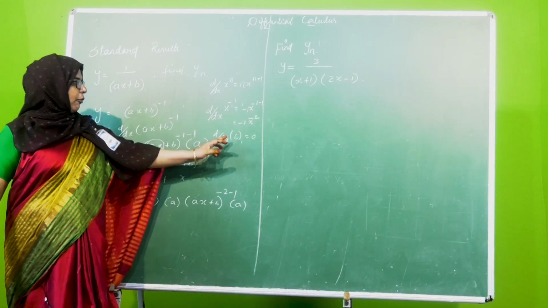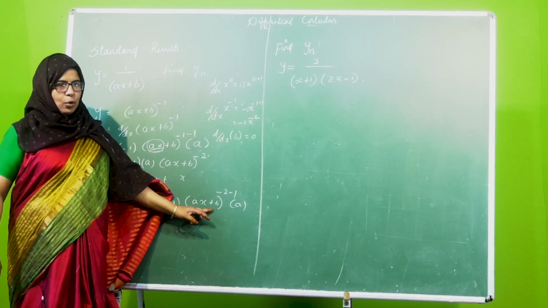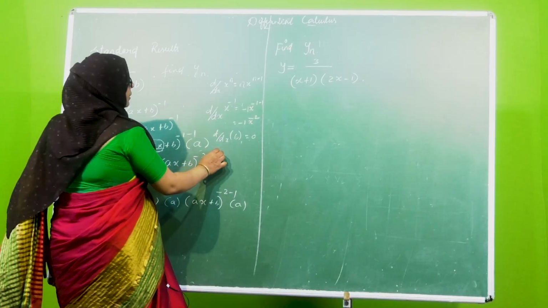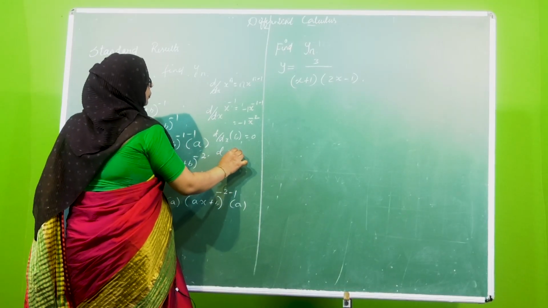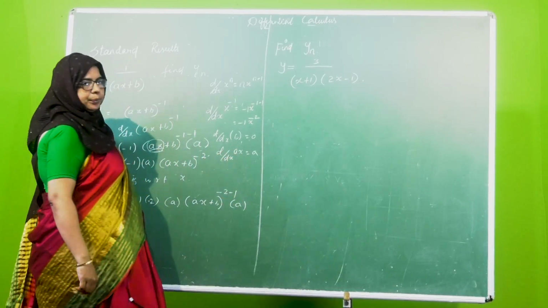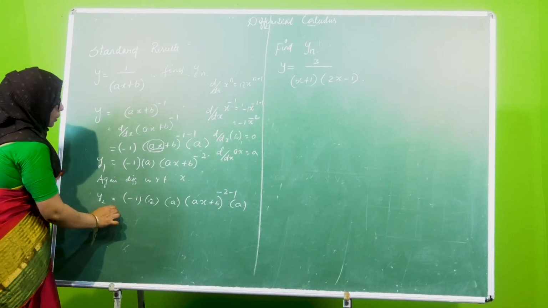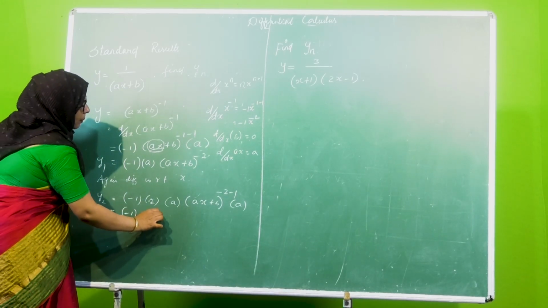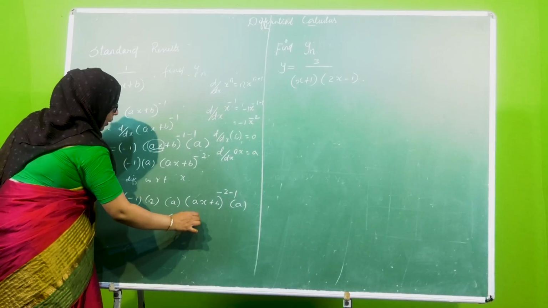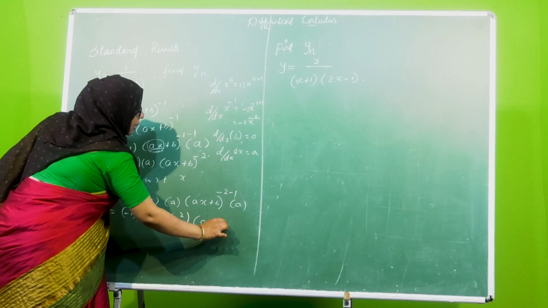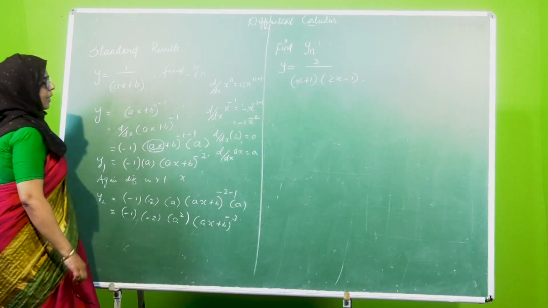The d by dx of b is obviously 0. D by dx of ax is equal to a. So, minus 1, minus 2, a square, ax plus b whole power minus 3.